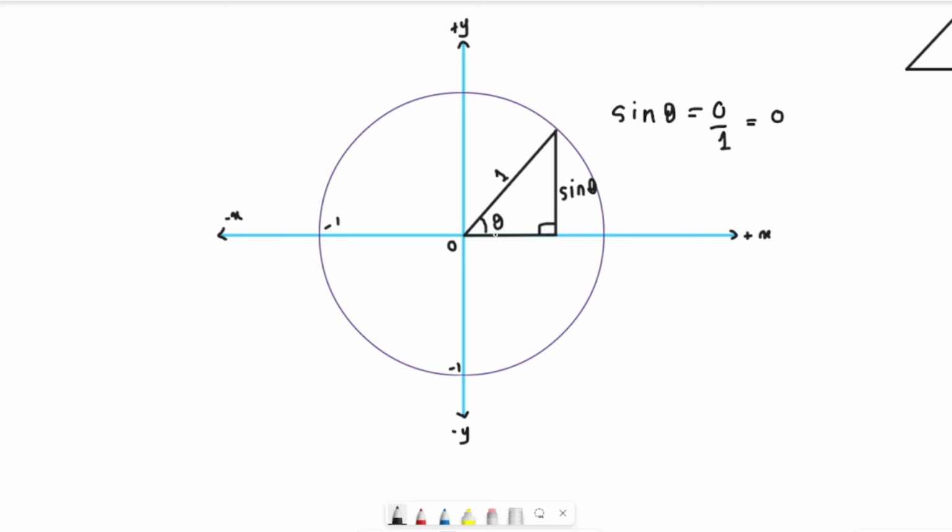And the same goes for the adjacent. So we know that cosine theta is equal to adjacent over hypotenuse. And since we know the hypotenuse is 1, we can just write 1, which means that for a triangle with the angle of theta and a hypotenuse of 1, the height is sine theta and the base is cosine theta.